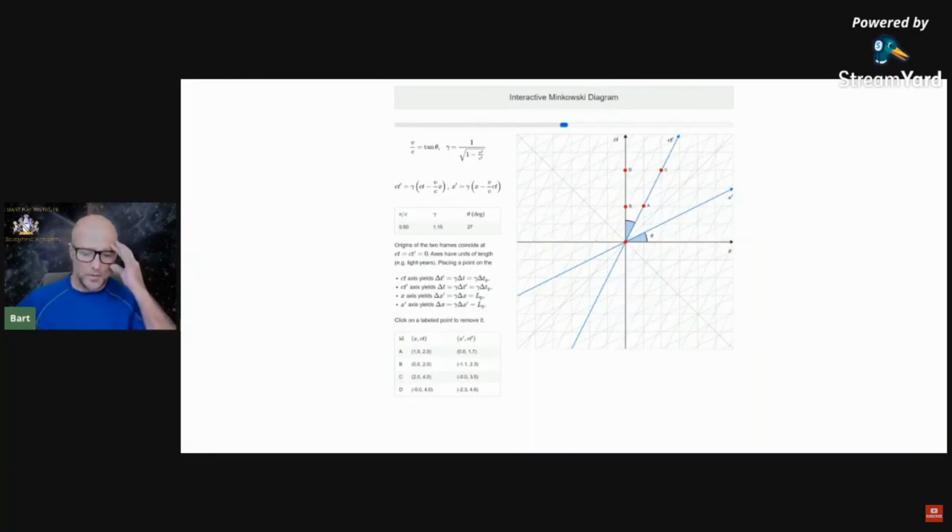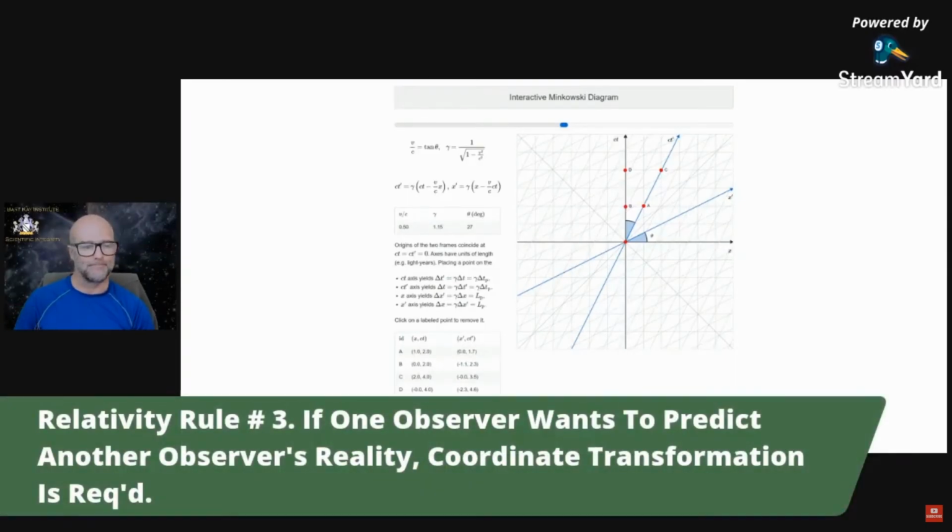Well, it's only a dilly of a pickle if you are the kind of student of physics who forgets relativity rule number 3. Here it is. If one observer wants to predict another observer's reality, the coordinate transformation is required. And that's what is being forgotten by these people who say, paradox, paradox. So let me show it to you.